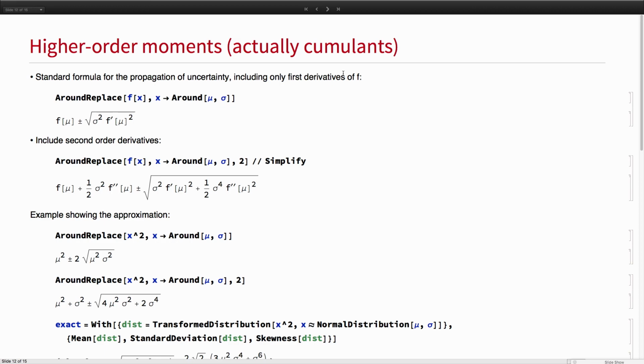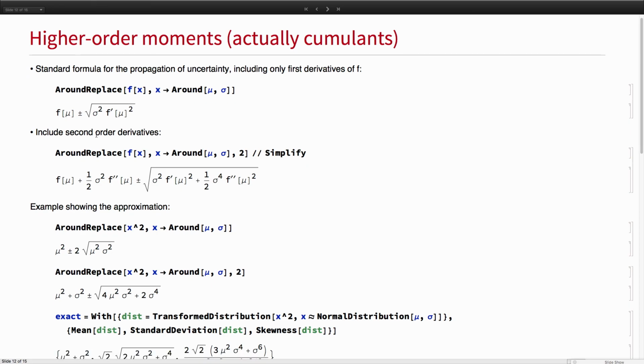Now, how can we do better? Well, first, as I said, this is based on Gaussian propagation, linear Gaussian propagation. So a way in which we can do better is first by including higher order terms.